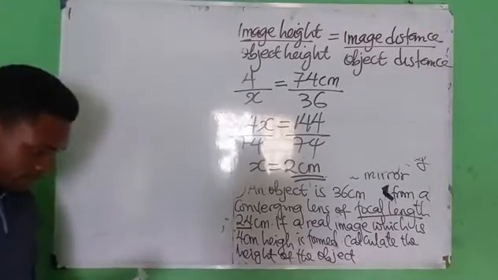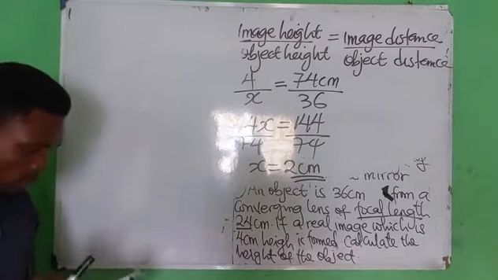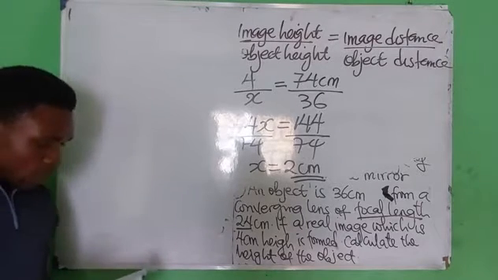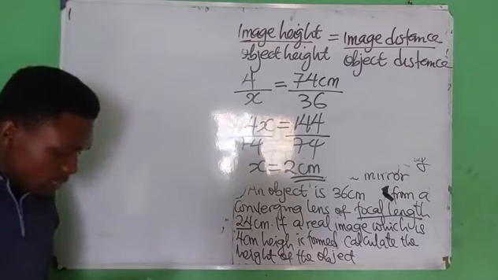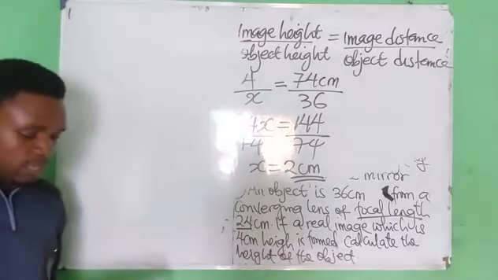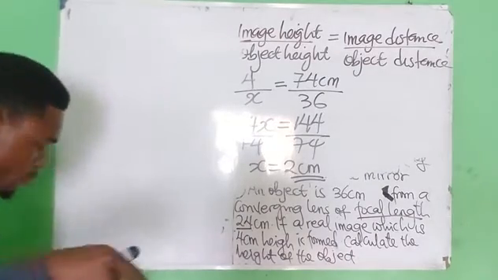Okay, that is number 7 now. They said an object is placed 20 centimeters in front of a concave mirror.